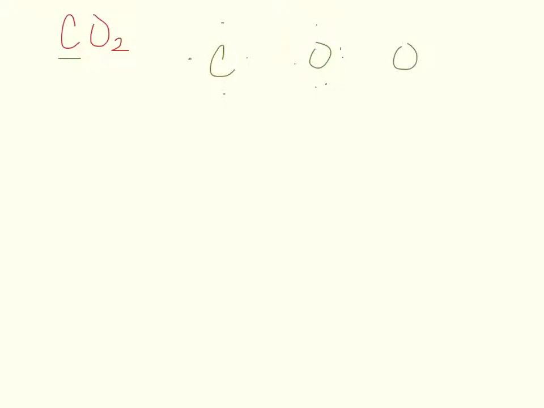And again, we have another oxygen here. 6. Now if I count my single electrons, I have 1, 2, 3, 4, 5, 6, 7, 8. That's going to be 8 divided by 2, which is 4 bonds.